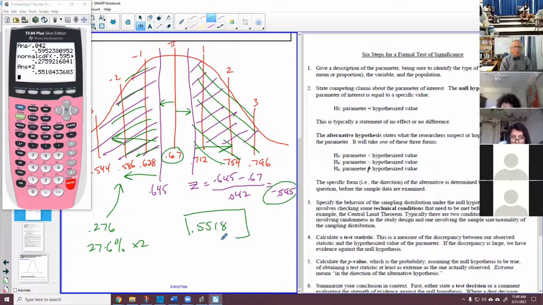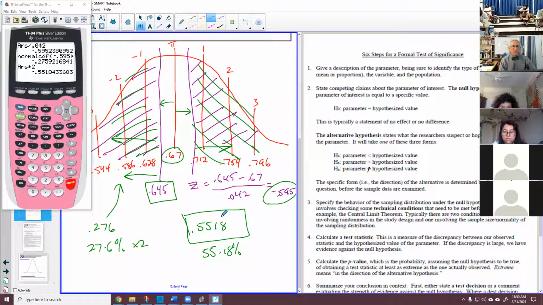So if this is my p-value, I have a 55.18% chance of getting a number like I got randomly.